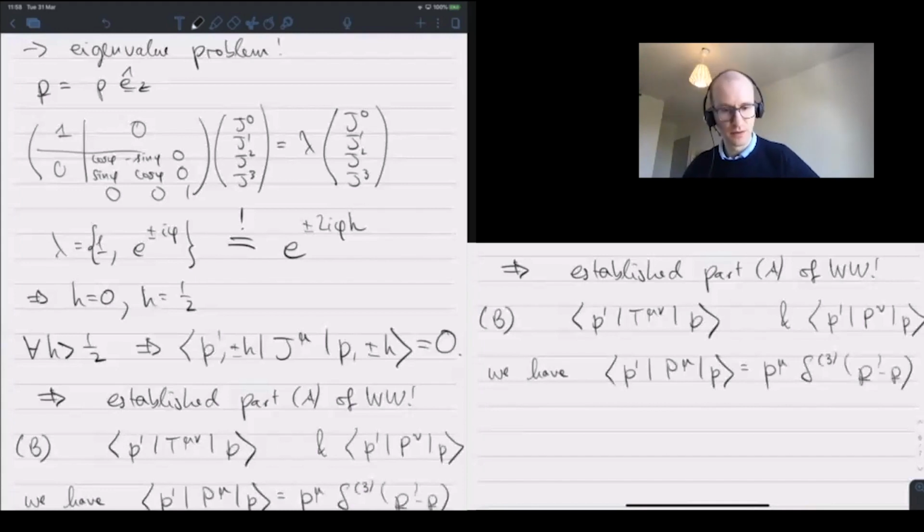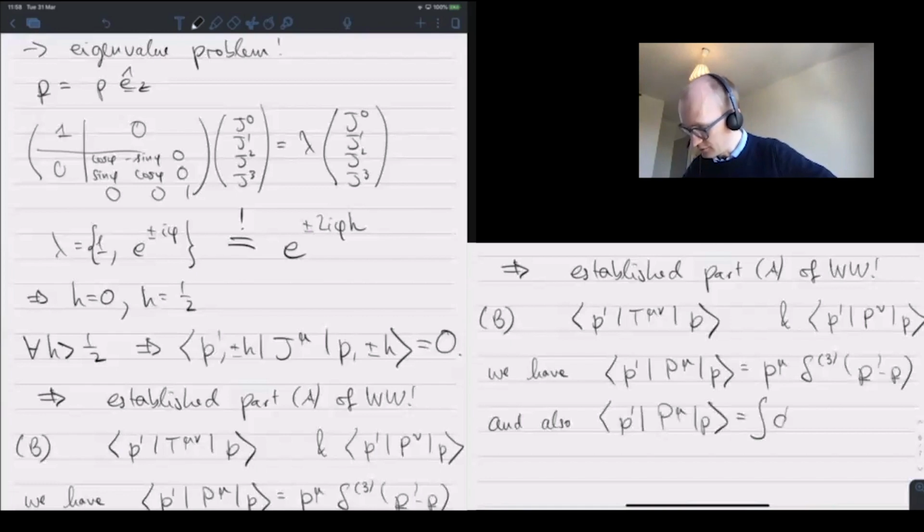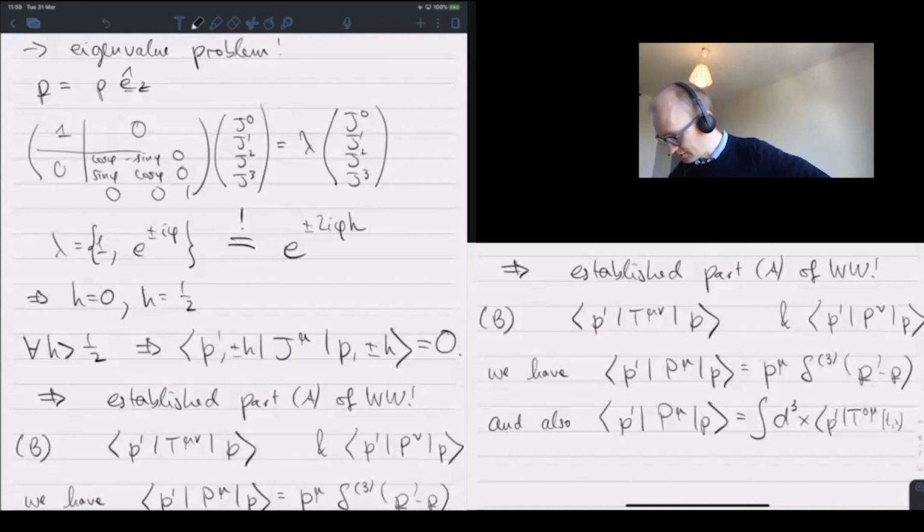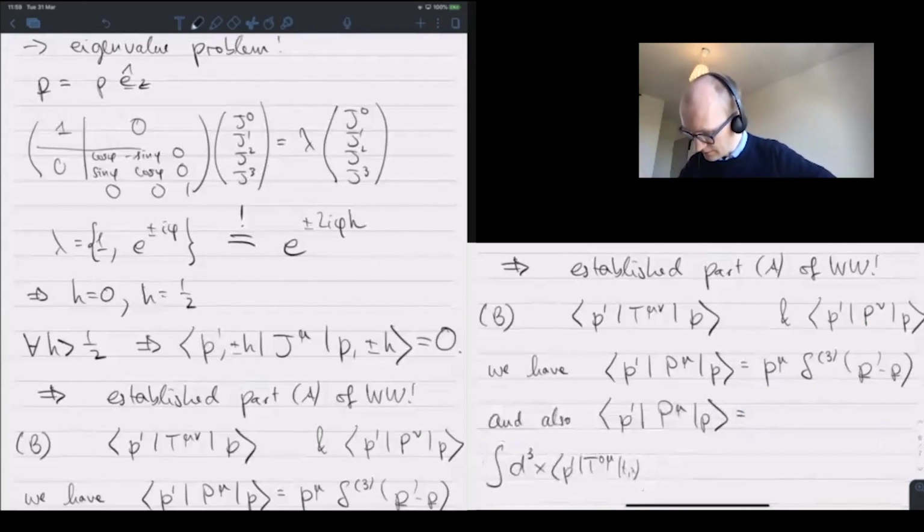But I can also look at our friend, so we do the same story where we look at the matrix element p primed, P mu, p as being the integral d3x of p primed, T0 mu of t, x, p.